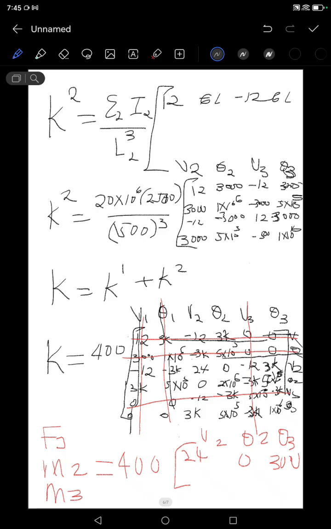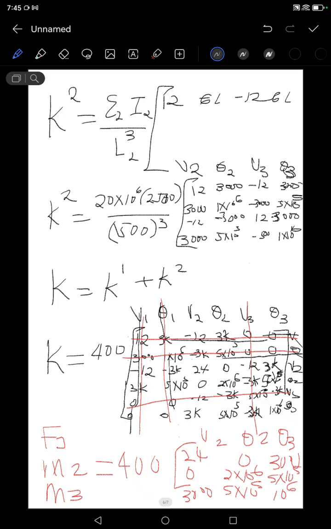For M2 we have 0, 2 times 10 to the power of 6, and then 5 times 10 to the power of 5. For M3 we have 3000, then 5 times 10 to the power of 5, and then 10 to the power of 6 here.